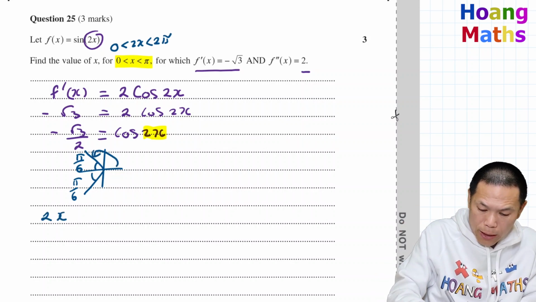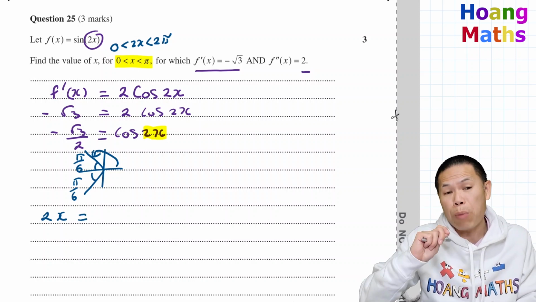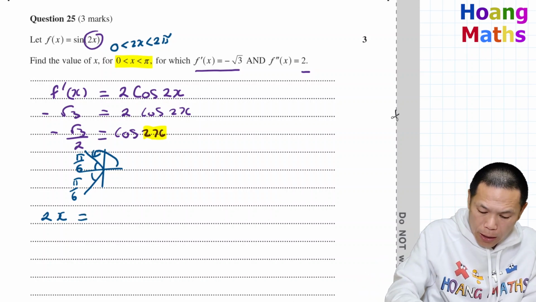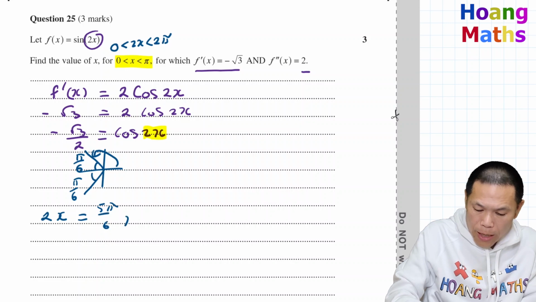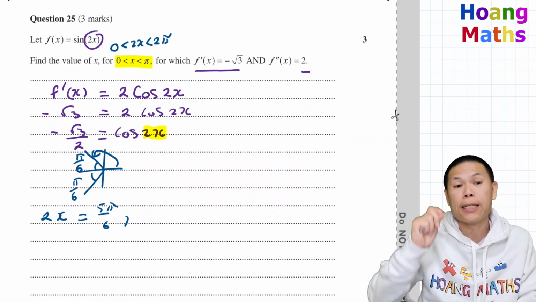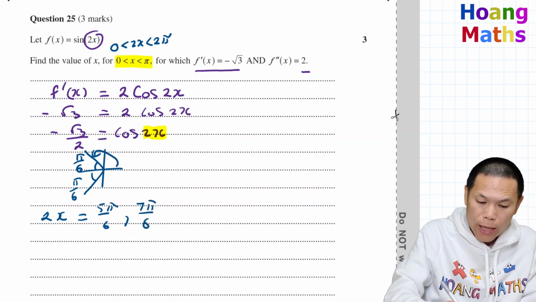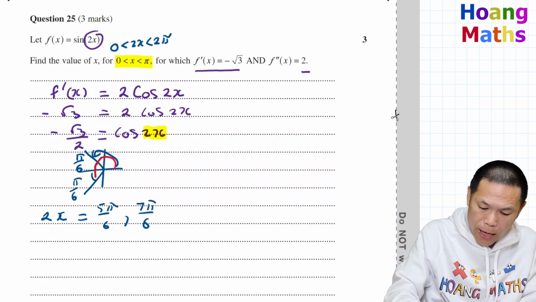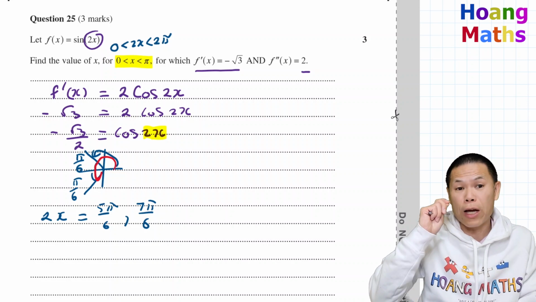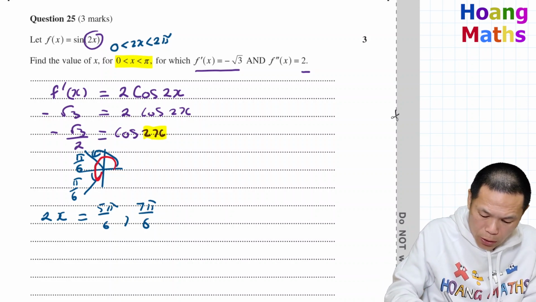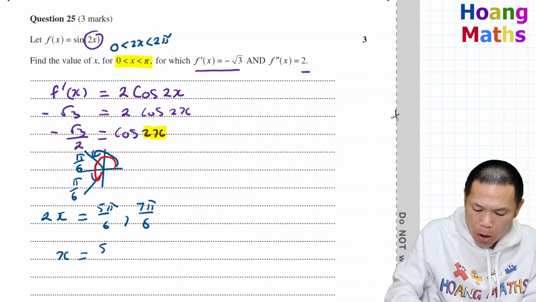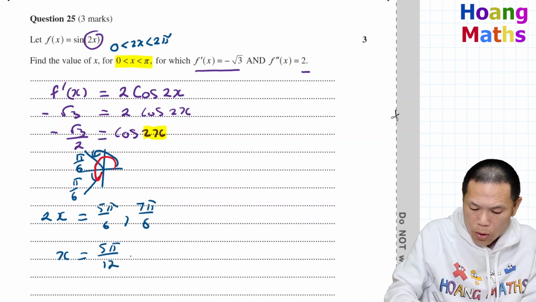So 2x is equal to pi minus pi over 6, which is 5 pi over 6, and then pi plus pi over 6 is 7 pi over 6. That is this answer here. Now I just divide both sides by 2, so x is equal to 5 pi over 12, 7 pi over 12.